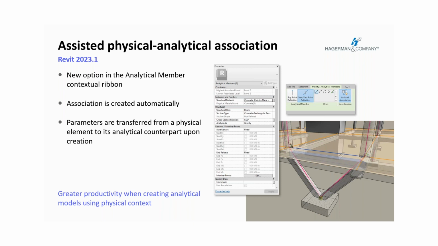Before creating an analytical element, select the assisted association option in the contextual modify analytical member tab on the coordination panel to enable this feature. If the association is successful, the physical model will be highlighted. This feature offers you greater productivity when you model for analysis within the context of a physical model.